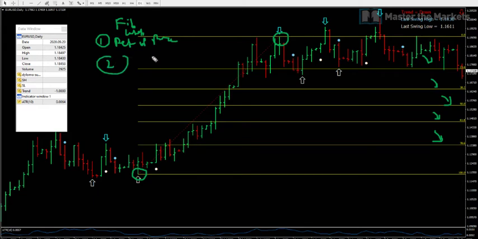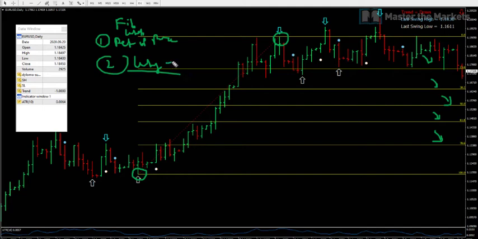Because the thing is, traders, any tool works if a large, considerable amount of people are using it. And if a large, considerable amount of people are using it, then those levels could work for you, depending on how you use it. So why use Fibonacci?